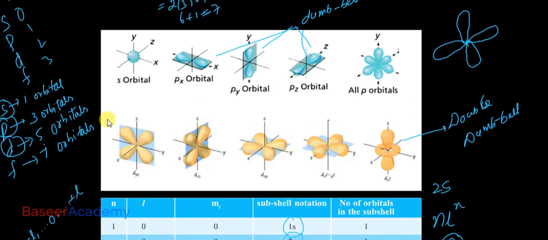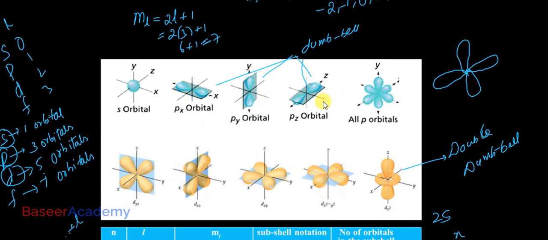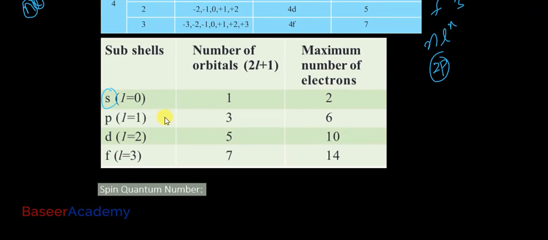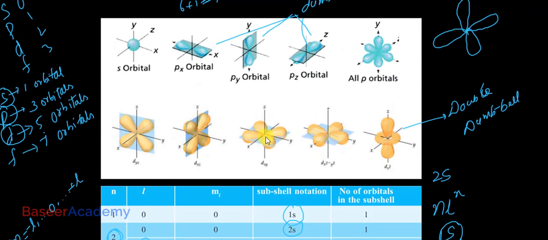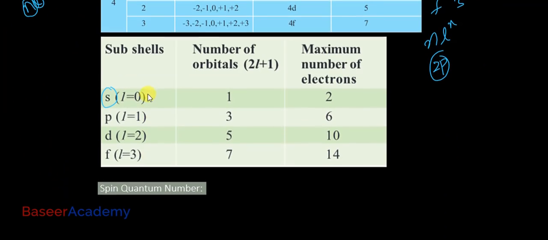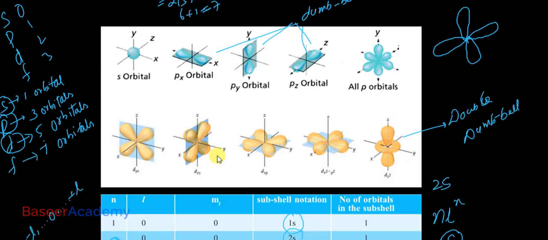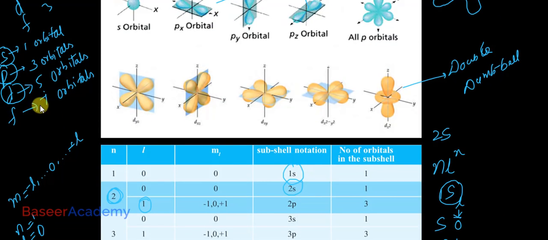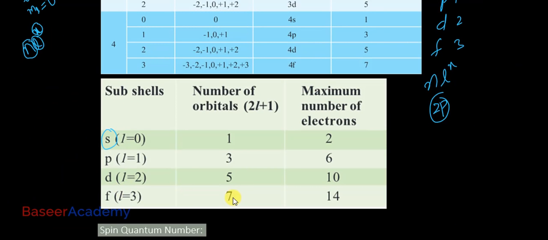D is splitting into 1, 2, 3, 4, 5 orbitals, so 5 orbitals. F, likewise, is splitting into 7 orbitals. We have seen this already. So f has 7 orbitals.